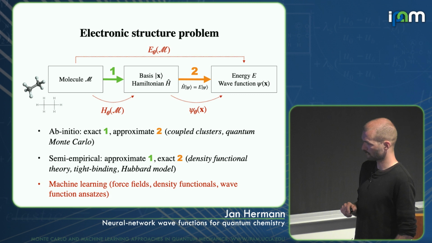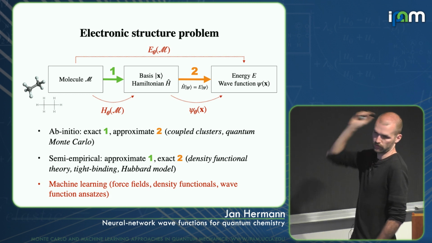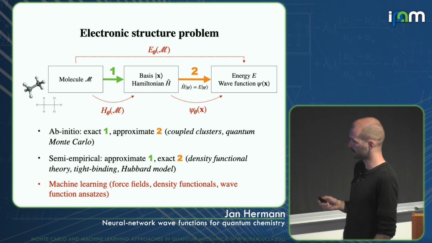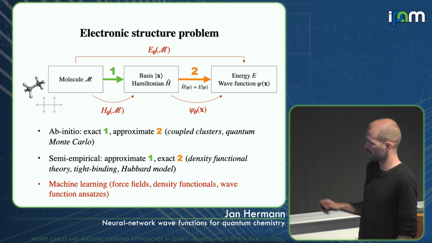And so I would say the first efforts were of this kind, where you try to circumvent the electronic structure problem entirely, right? So you don't want to deal with Hamiltonians at all. You just want to directly predict from the atomic structure the target properties that you're interested in, right? And so these would be machine learning force fields or other predictors of molecular properties.